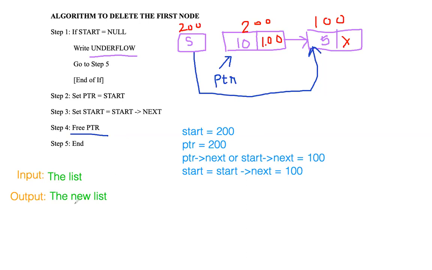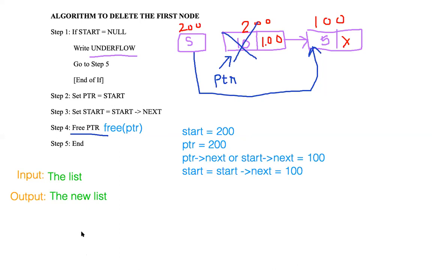So free is basically the function we use for dynamic memory allocation. So basically it is free PTR. When I show you the implementation of this algorithm, I will show you at that part how to do that. So once we do this, free PTR means this node we can safely delete.